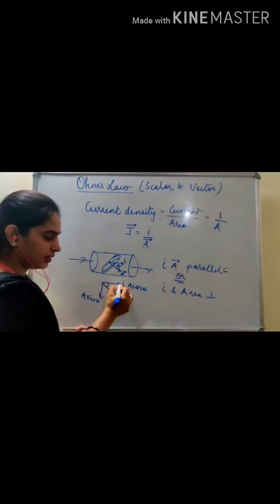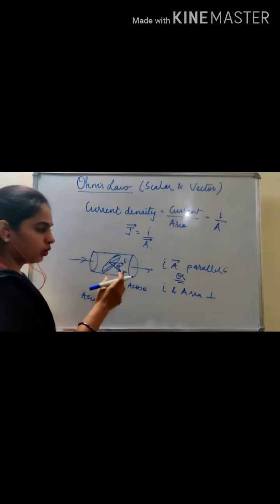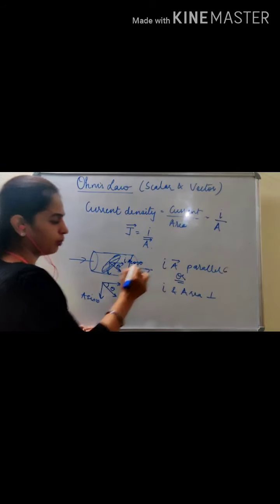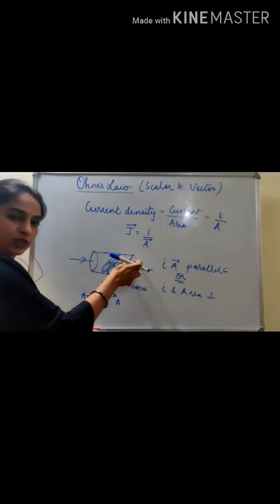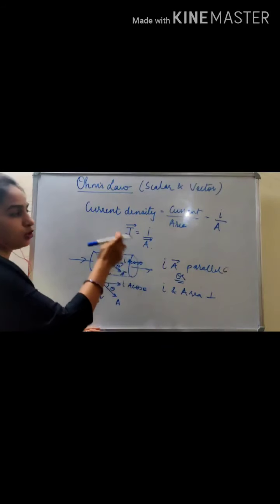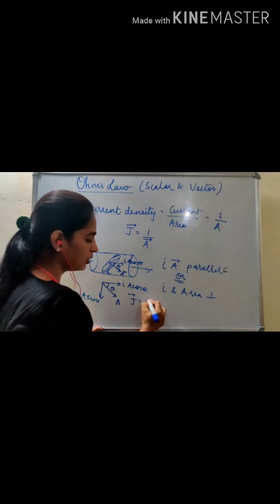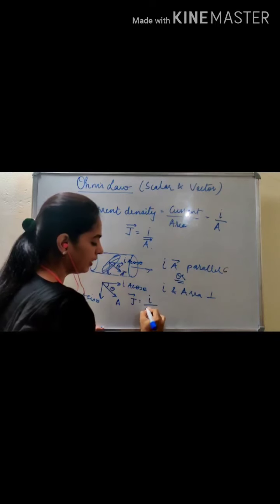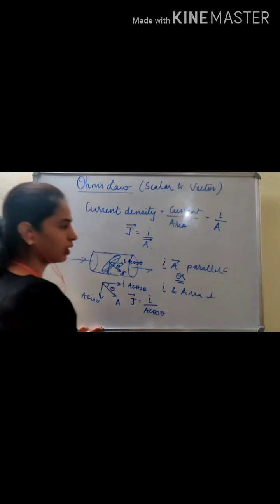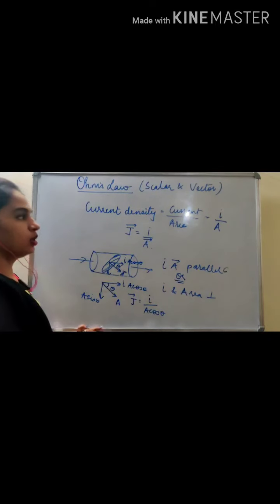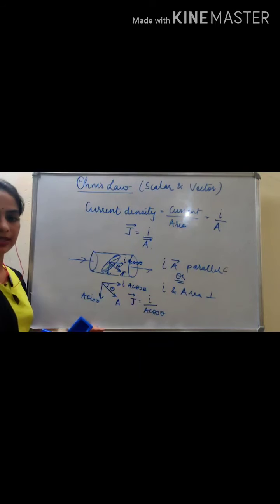This is current and this is A cos theta. So we can take the A cos theta component of area, which is parallel to current I, to get current density. In this case, J will be equal to I by A cos theta. Not A, it will be I by A cos theta. So this is about current density.